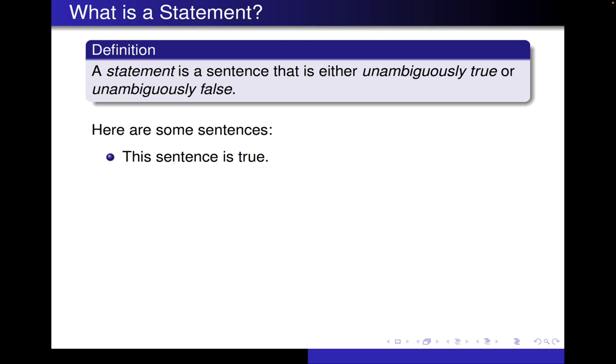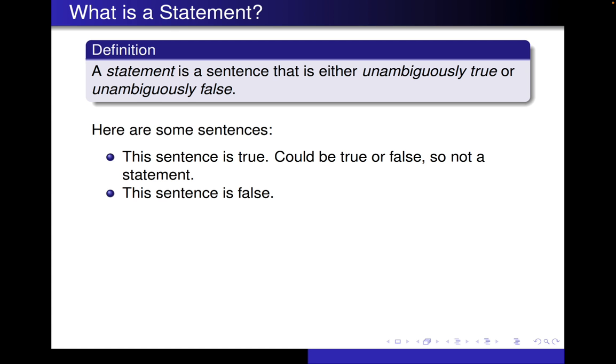But even if I assume the sentence is false, then saying that this sentence is true is itself false. So whether or not the sentence is true or false, it is consistent with both of those. So it's ambiguous as to whether it's true or false. So could be true, could be false, so not a statement.